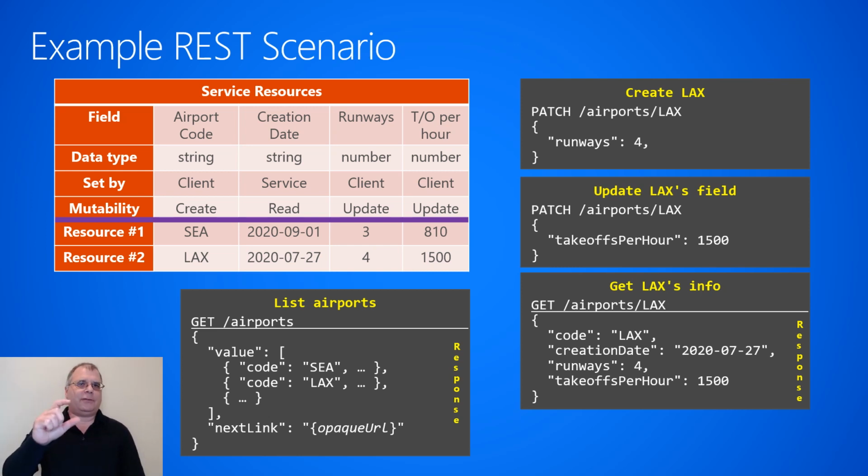If you now take that structure on the client and pass it around throughout your application code, there's no way for the other code to know which airport these other fields apply to. So it's very handy to put the ID of the resource inside the data structure itself. That's very useful for debugging and for other pieces of code to be able to manipulate this resource in the future.